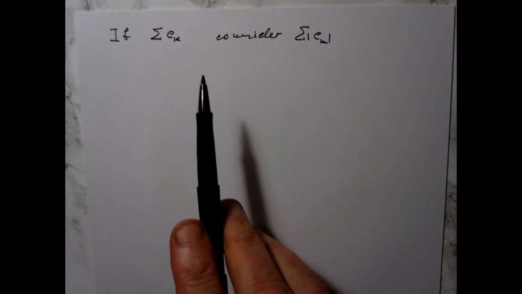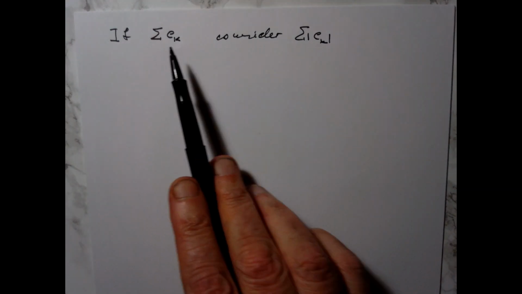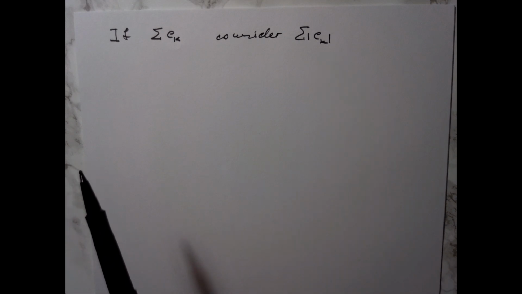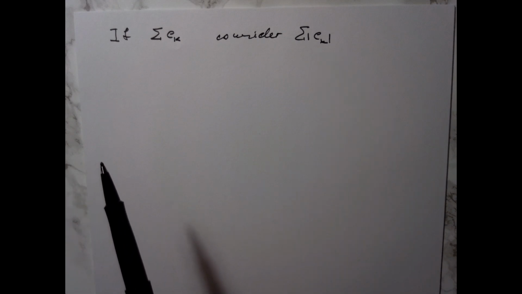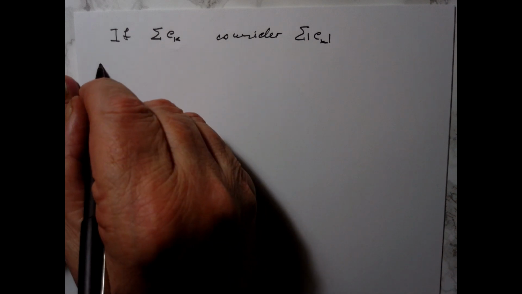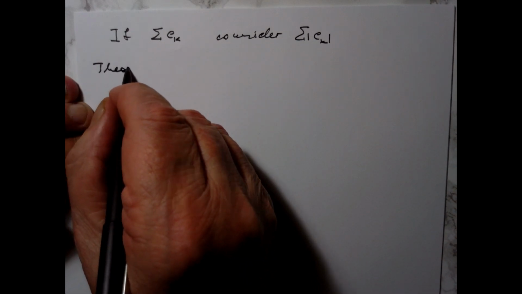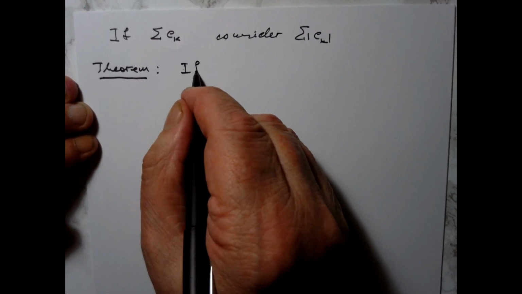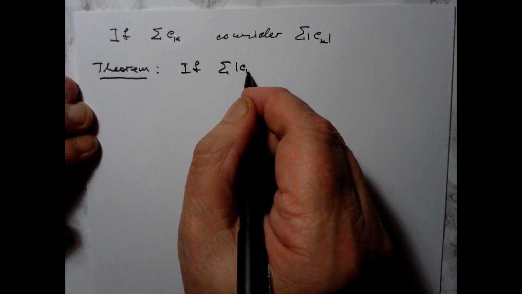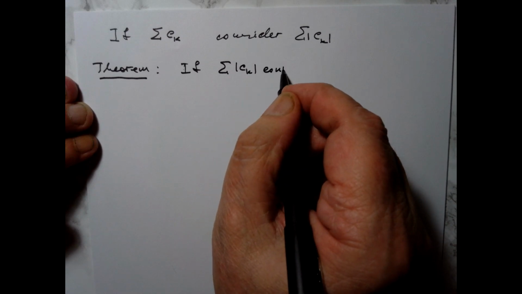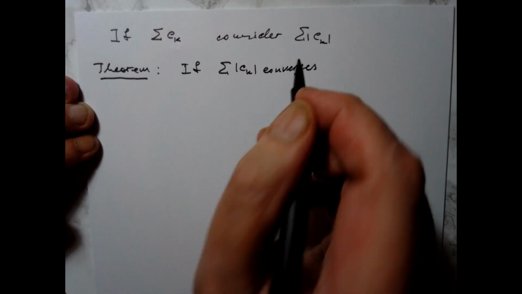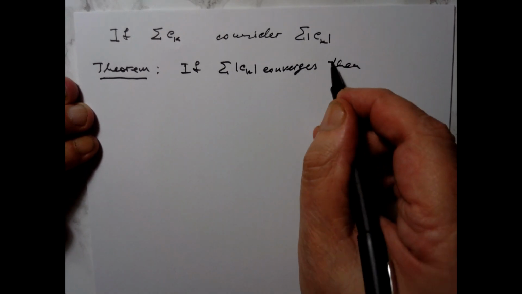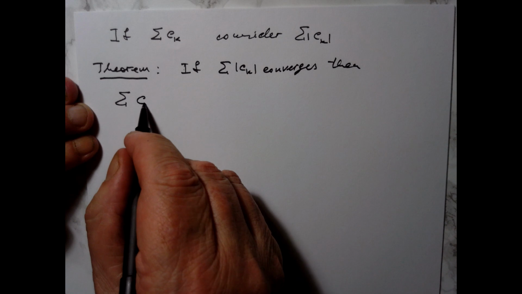The terms of this series are all positive. Now the theorem is: if this series with absolute value of the terms converges, then this series converges.